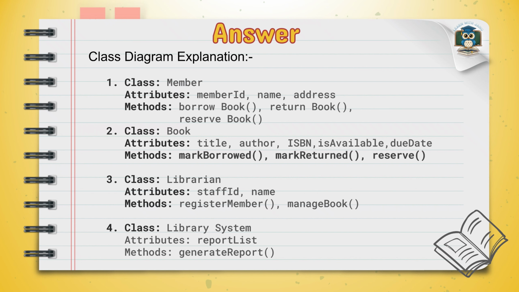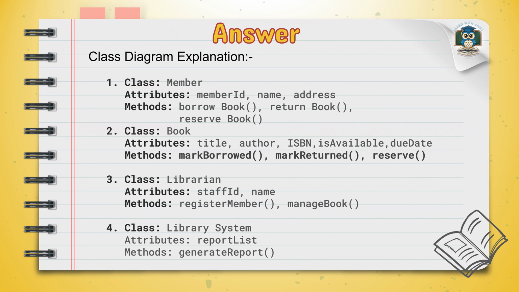The second class is Book. It has attributes title, author, ISBN number, is available, due date. And the methods are mark borrowed, mark return and reserve.